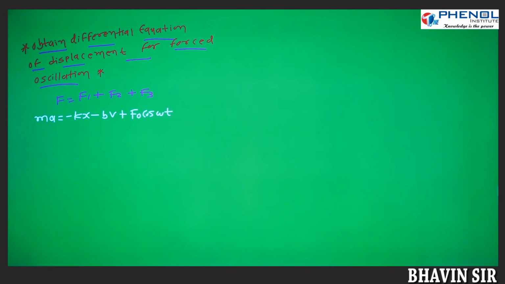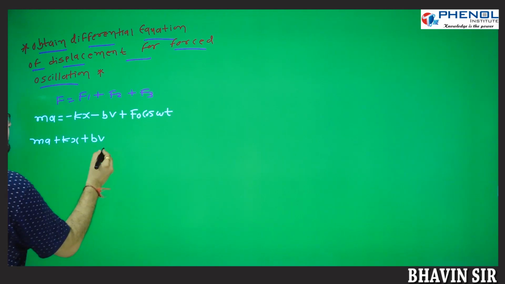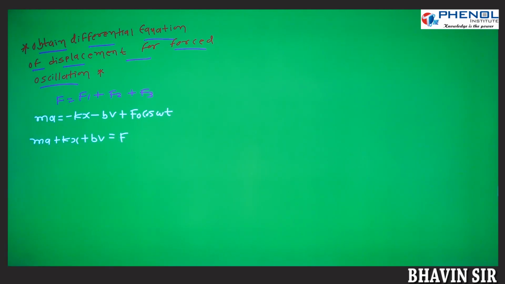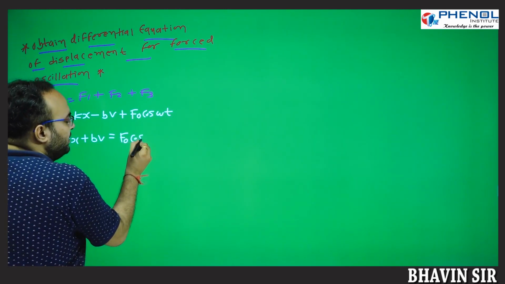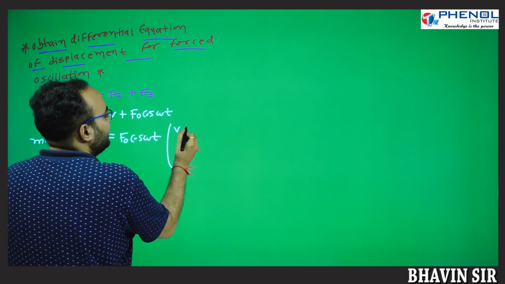So MA plus KX plus BV, the damped force, plus F0 cos omega t.